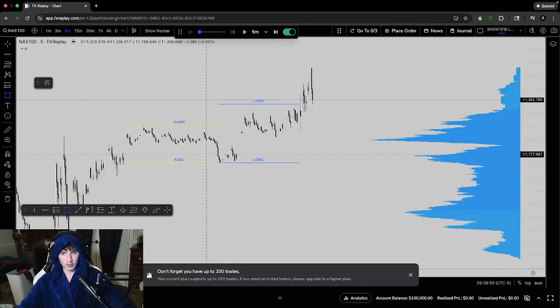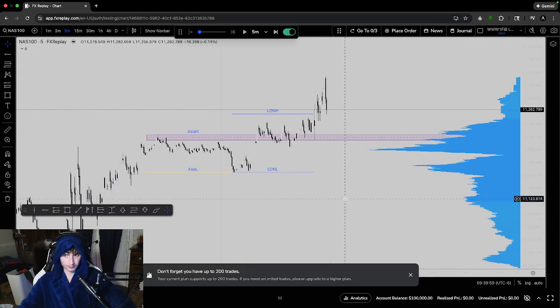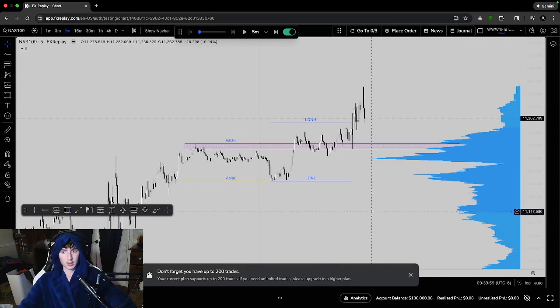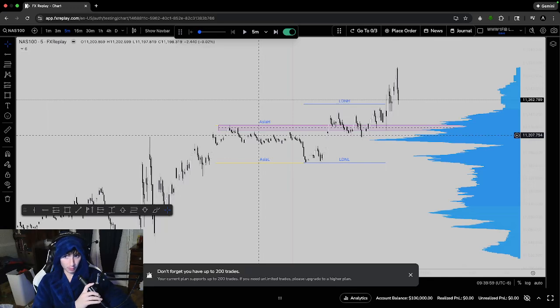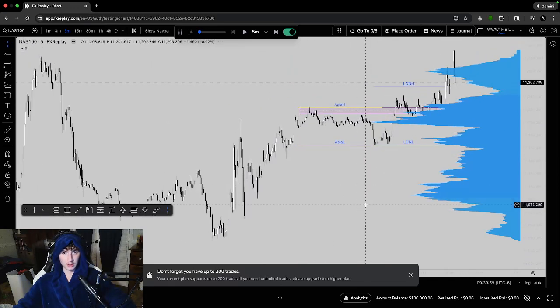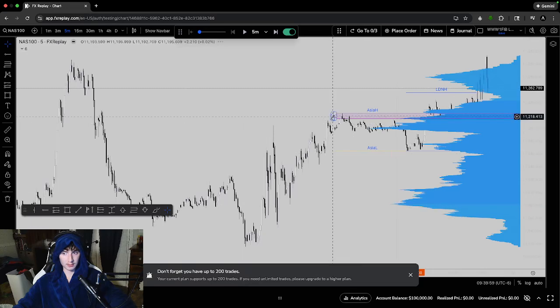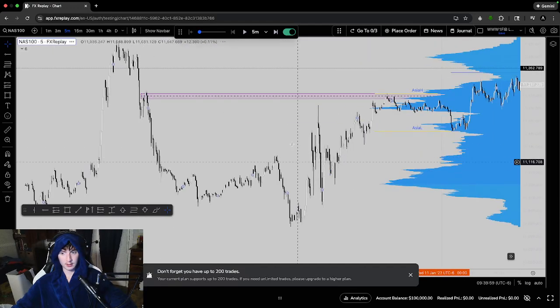Actually, what we're gonna do, we're gonna be marking the support as this whole candle. The candle peak that tested the level, we're marking that as support, and then resistance would be the same thing right here. Why is it lagging?